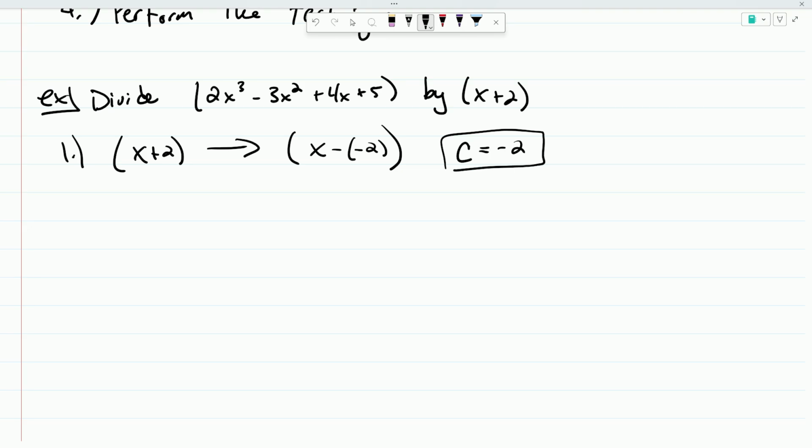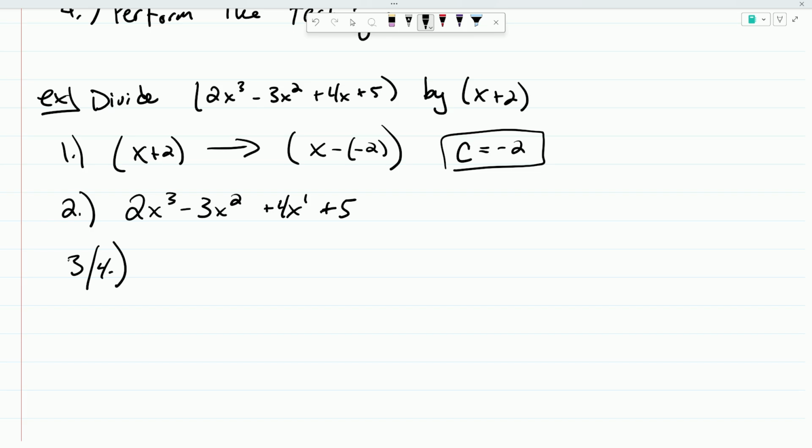Okay? Step 2, we're going to check our dividend. Well, if we check our dividend, 2x to the third minus 3x to the second plus 4x to the first plus our constant. We know everything is good here. It's in the form that we need, descending degree, no missing terms. So that's great. Step 3, and I'm going to write step 3/4 because we kind of do them at the same time. Okay?